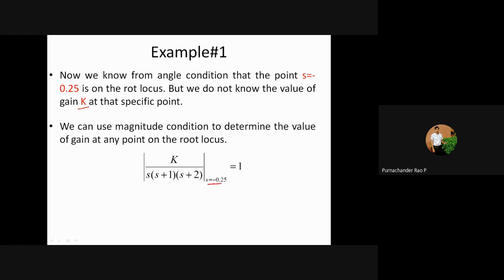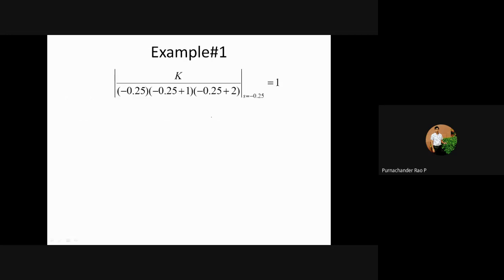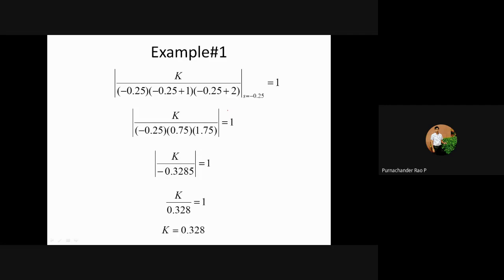Just substitute s is equal to minus 0.25 in this one. Okay, so minus 0.25, minus 0.25 plus 1. Like that, if you substitute this, you are going to get k is equal to 0.328. Okay, so this is a way of finding the points which are on the root locus, and also to find the value of gain k.